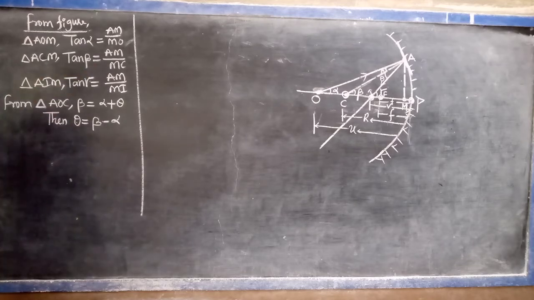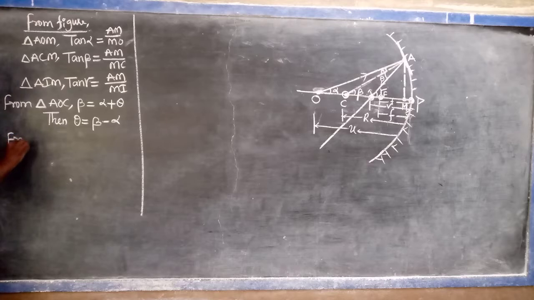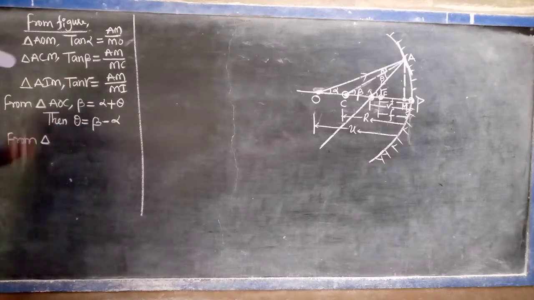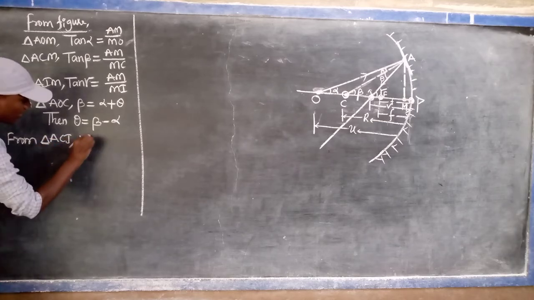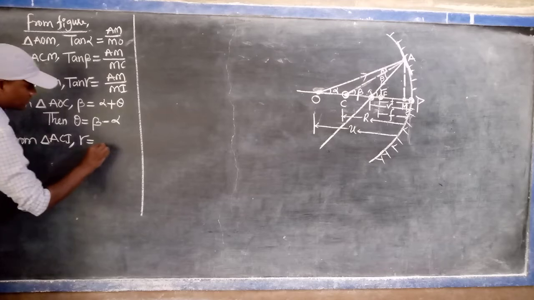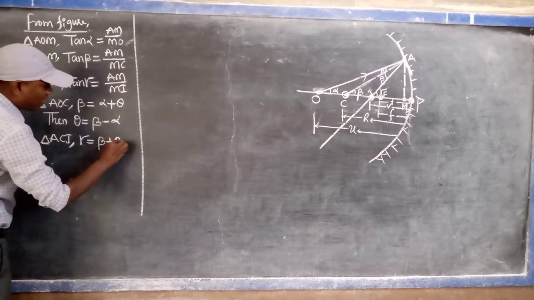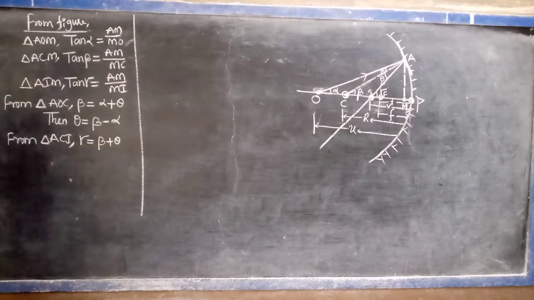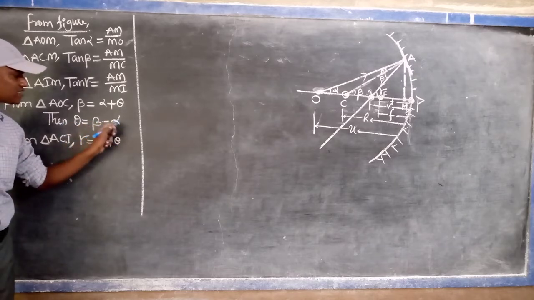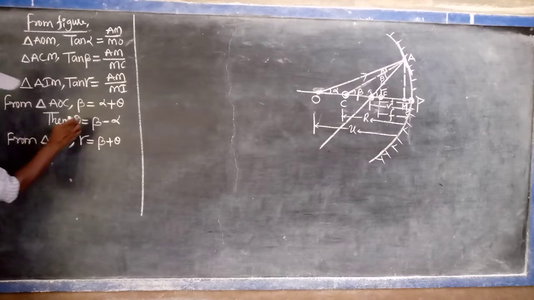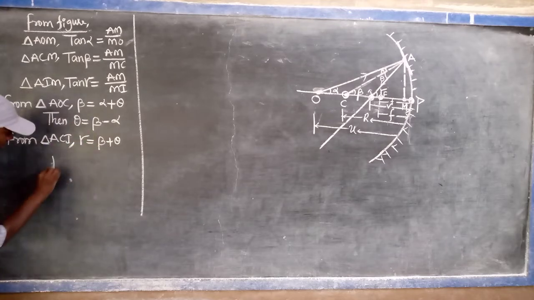The i value, the angle of incidence. Next, in the same way, from triangle ACI, gamma is the exterior angle and beta plus theta are the interior angles. Already the theta value is there here. What is the value? Beta minus alpha. That's why this value is substituted here.